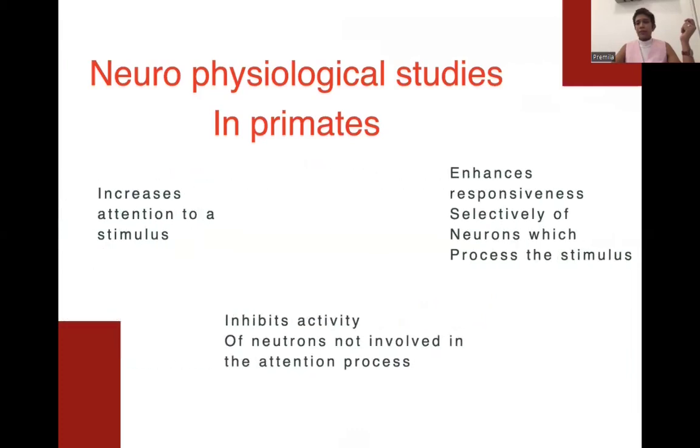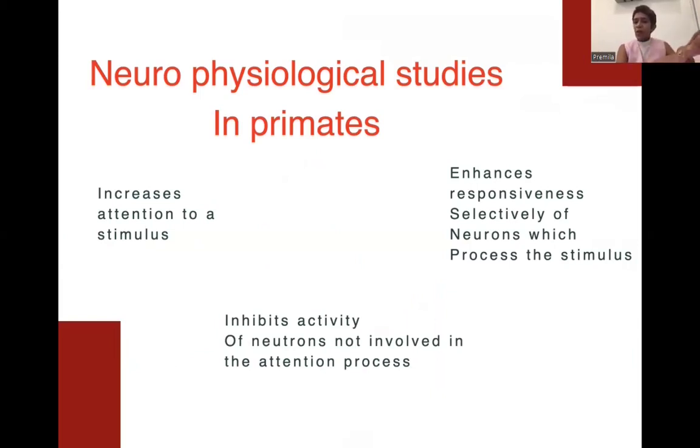Next is this. When there is increased attention to one particular stimulus, let's say the child is fully focused on the fidget toy that you've given or the audio visual aid, then the neurons involved in this particular stimulus are stimulated.